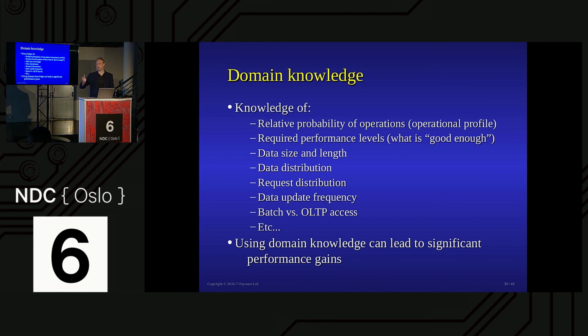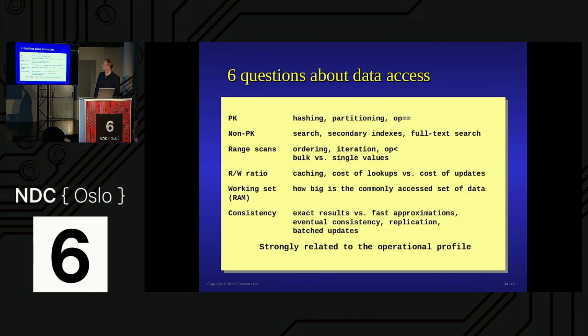Are you going to be using strings that fit into SSO? Are they all variable length, or are they all the same size? If you're using product codes that are all 6 or 8 long, or your ISBNs, you know what size they are. Why are you using dynamic data structures when you know how big they are? What's the distribution of your data? What are you doing? You're doing batch or OLTP. These are the things that will give you more gains than just trying to use the STL or compiler flags.